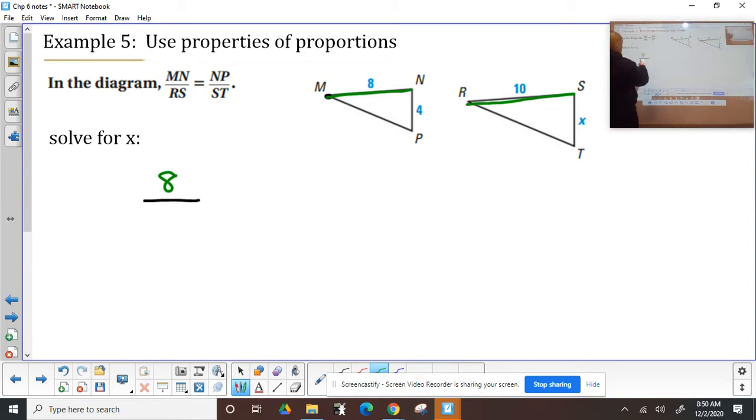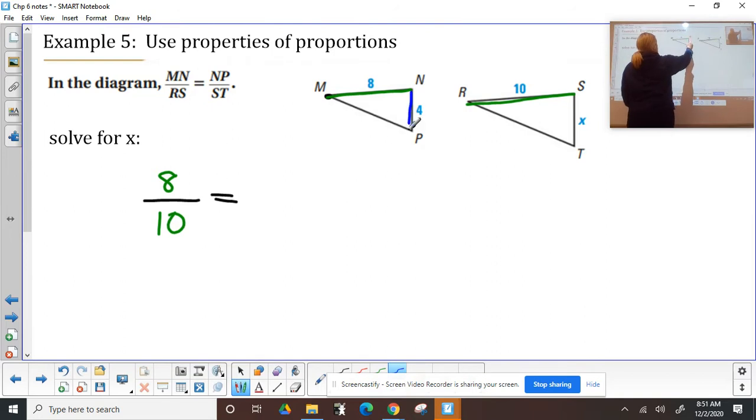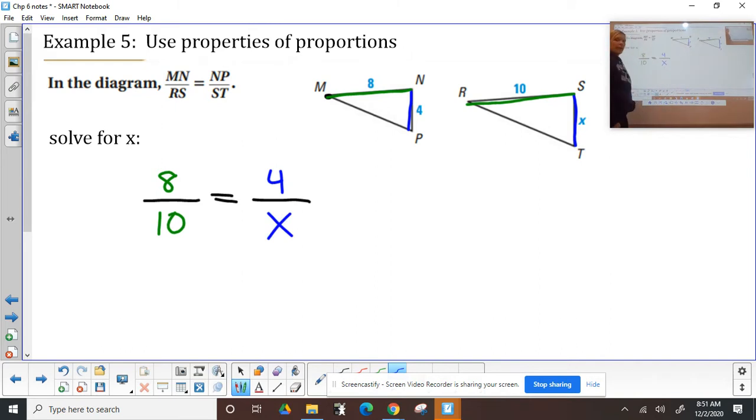So that's going to be over 10. Now that's going to be equal to this ratio, NP over ST, where NP represents the 4, and ST represents the missing side length that we're looking for, which is x. All right, so now we've used the geometry part, we've set up the problem using the triangles.